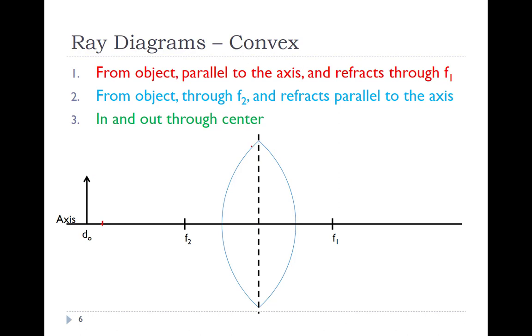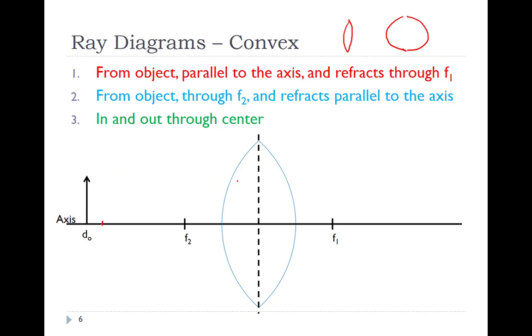Okay. Because we're thinking about a thin lens, what is a thin lens? A thin lens is something that is thinner than it is tall, right? If I have something like this, that is thinner than it is tall. If I have something like this, it is not. This is a thinner lens than that one is.